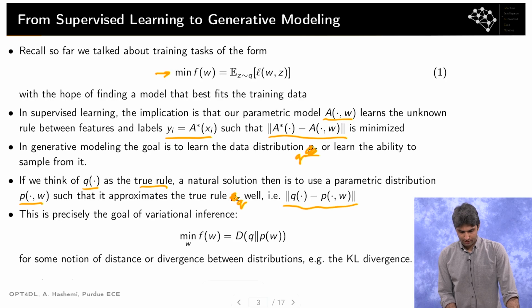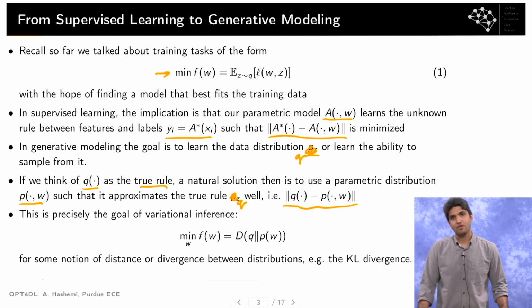In particular, we can come up with a training problem that finds W, the set of parameters that minimizes the distance between our parametric distribution P and the underlying unknown distribution Q. This is very similar to what we were doing in supervised learning.